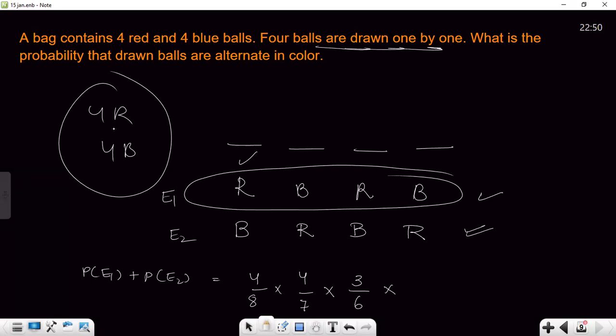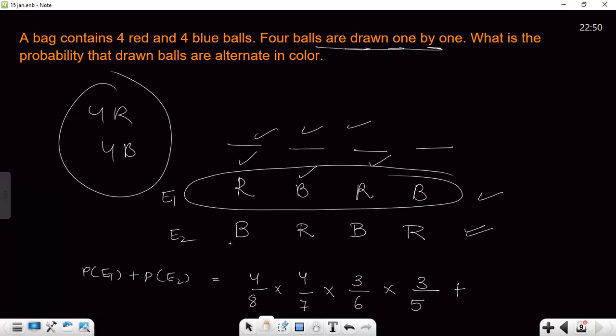How many blue balls are remaining? One blue ball has already been withdrawn, so only 3 blue balls are remaining. Out of 8 balls, 3 balls are withdrawn for this, so only 5 are remaining. So this is the probability of event 1 plus.